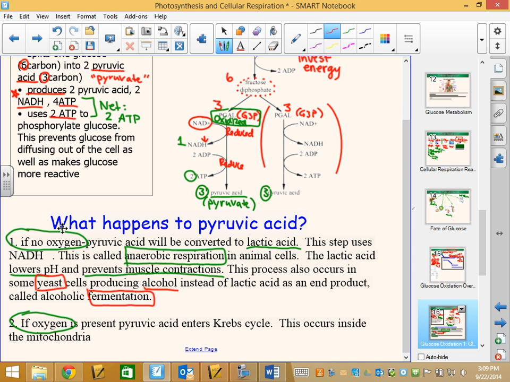So if there's no oxygen present, pyruvic acid cannot keep going through the steps of cell respiration. Either it'll be converted to lactic acid if we're in an animal cell, or it will be converted to alcohol if we're in a yeast cell. The terms are anaerobic respiration or fermentation, depending on which kind of cell we're actually in.